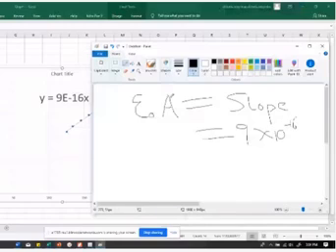Then you have your epsilon naught. You already know it. So you can have your A here and then divide this one by what? Epsilon naught. Is that okay?